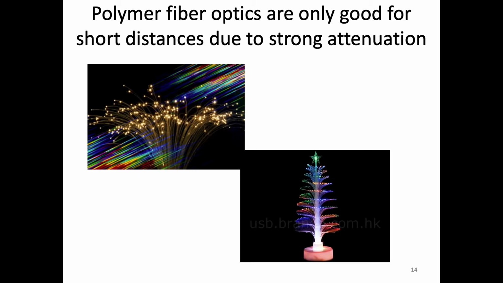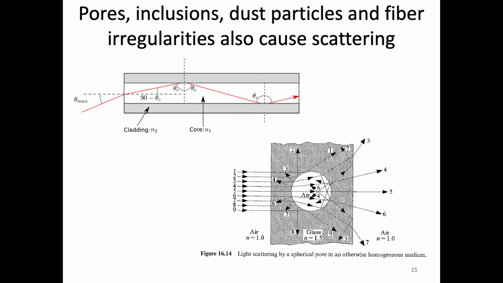So these aren't great for telecommunications when we're talking about communicating data with limited losses. And again, pores, inclusions, dust, anything like that, irregularities in the fiber, all of this is going to cause scattering, which we saw in the previous lecture was bad for that, but is also very bad for this.